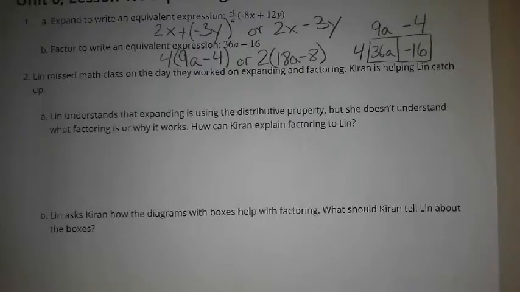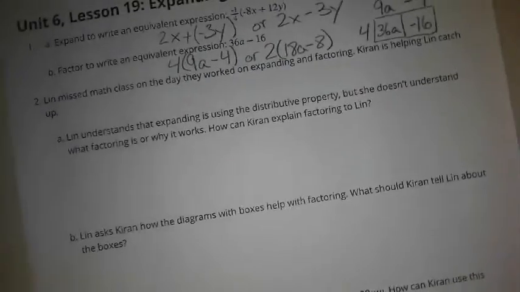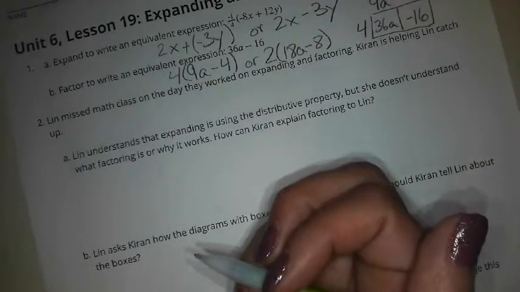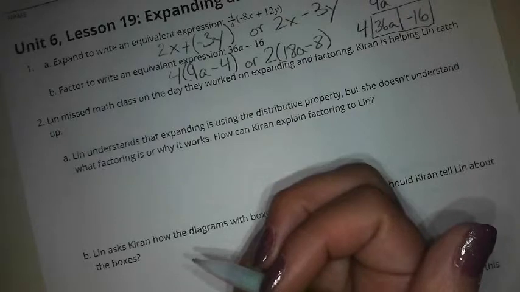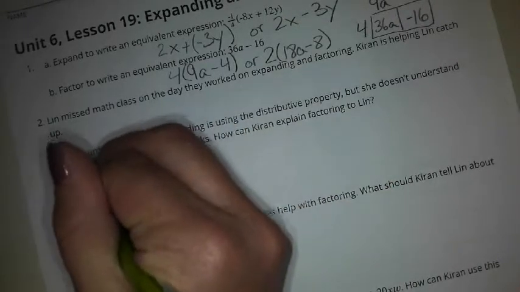Okay, 2. Lynn missed math class on the day they worked on expanding and factoring, and Karen is helping Lynn catch up. Lynn understands that expanding is using the distributive property, but she doesn't understand what factoring is or why it works. How can Karen explain factoring to Lynn? So he could tell her that factoring is the distributive property in the other direction.